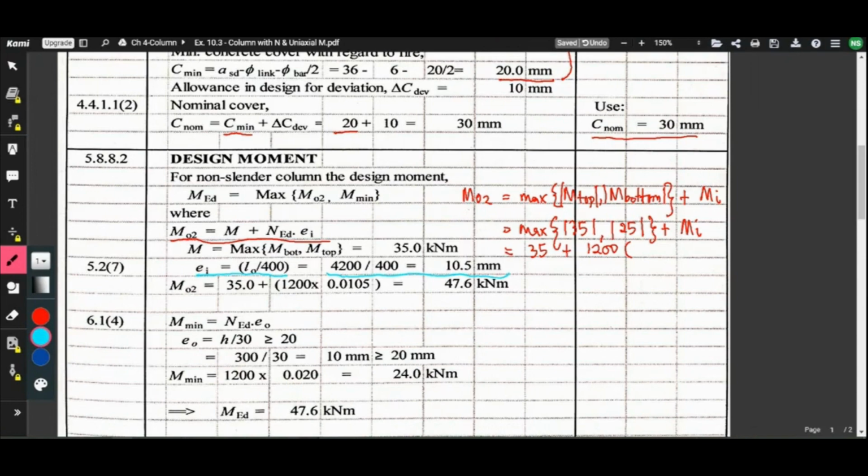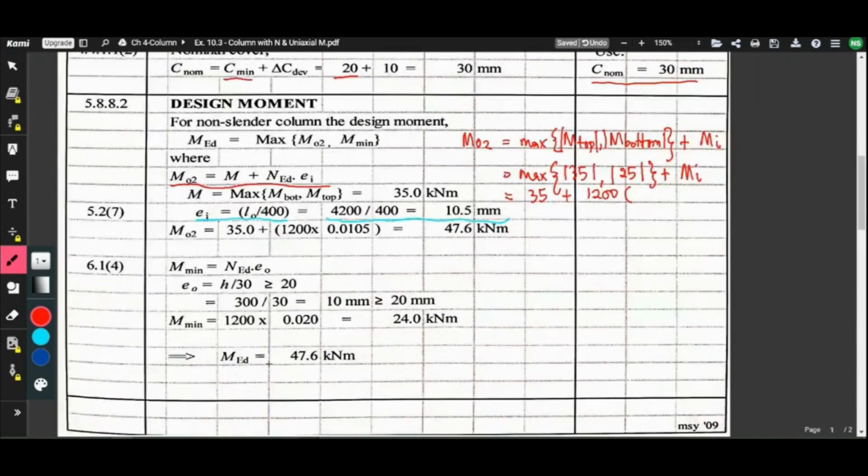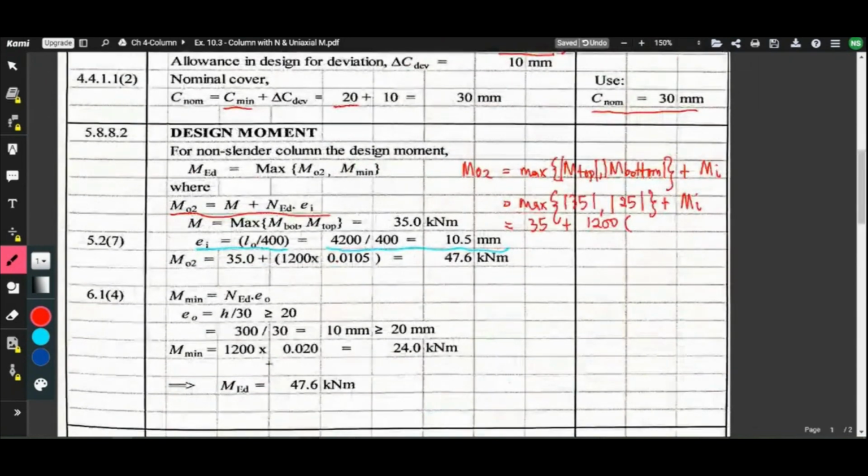Then you convert to meter, it would be 0.0105. So M02 would be 47.6 kilonewton meter. So that is M02.